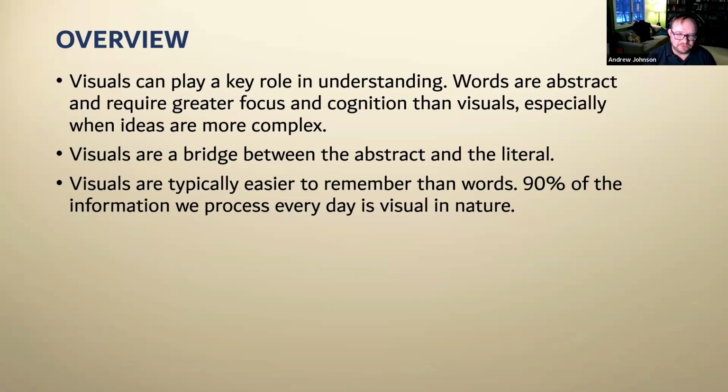But when we use visuals, there's a nice bridge between the things that are said and the things that we mean, the reality of things. So visuals play an important role because they're typically easier to remember, they're easier to understand. And 90% of the information that we process every day is visual in nature.